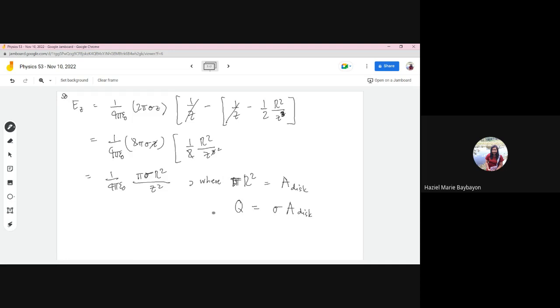Okay, so we can rewrite this as 1/4 pi epsilon naught Q. The whole numerator is actually Q over z squared, z hat.